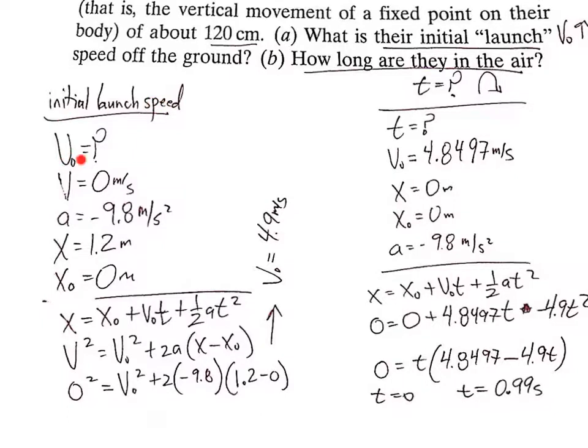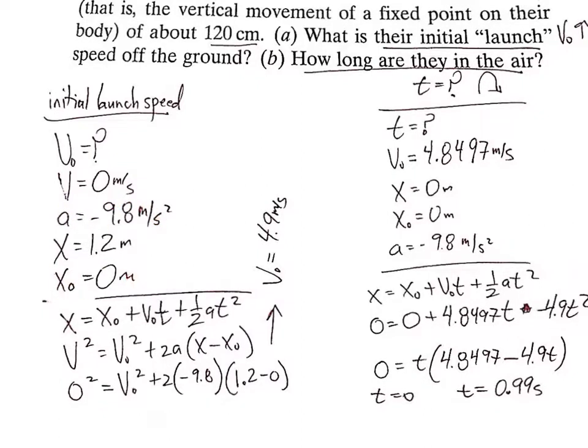Initial vertical velocity equals question mark. Final vertical velocity equals 0 meters per second. Again, we're using the fact that at the apex of the flight, the vertical velocity is 0. That gives us additional information to help us figure this out. We assume we're on Earth, so acceleration is negative 9.8 meters per second squared.